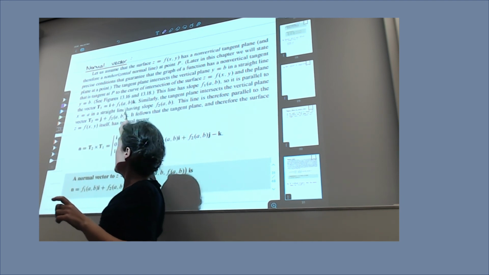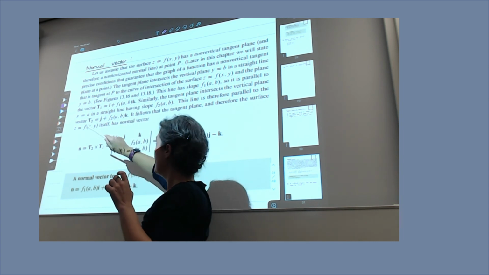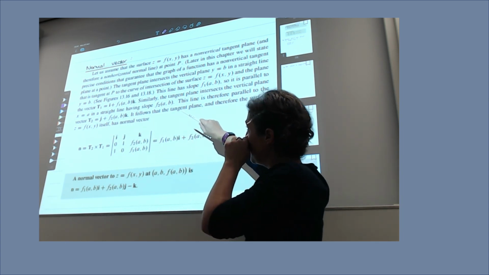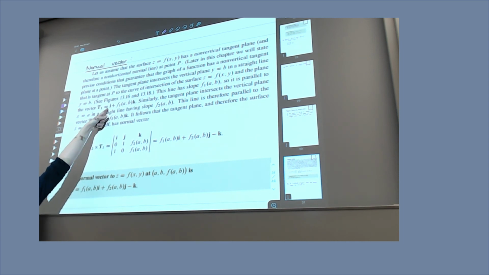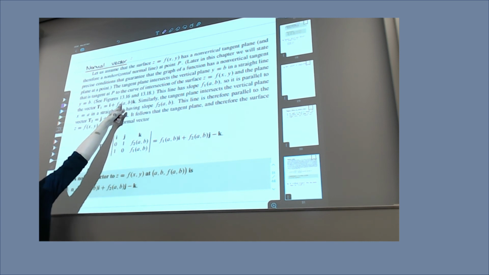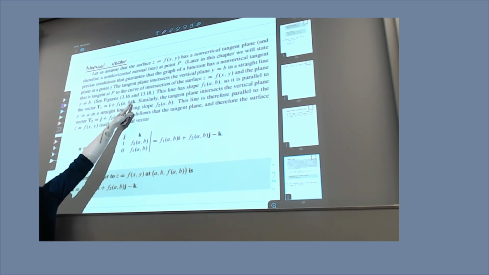We can create this like so. And you'll notice what's happening here. It says I'm really changing 1 unit in the x direction, and I'm changing whatever my slope is units in my z direction, and I'm not changing at all in my y direction. Okay, so that makes sense.